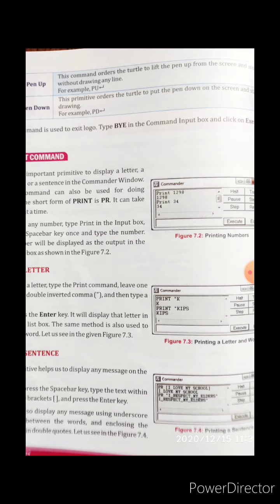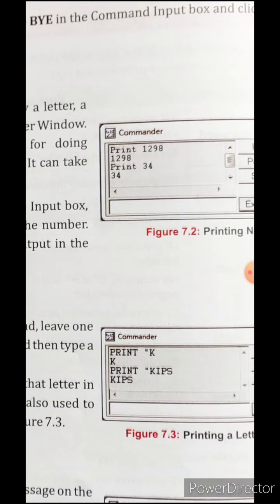Another question may arise in your mind: in the case of a number, capital P and small r-i-n-t has been given, but in the case of a letter or any word, we have written all the letters of that word PRINT in capital, right? Which one should we go with?